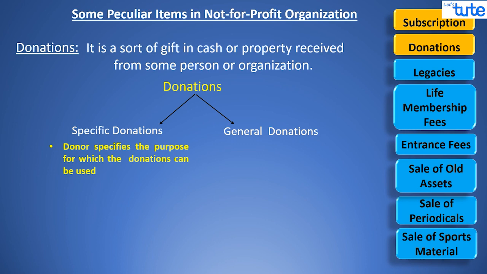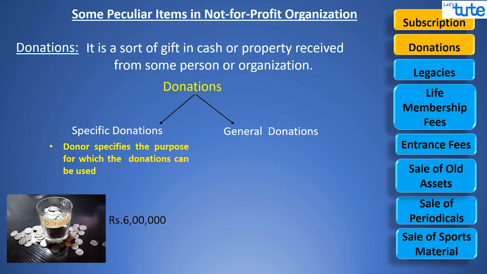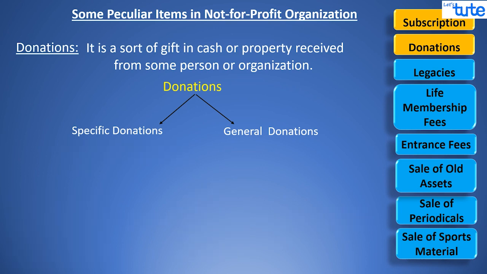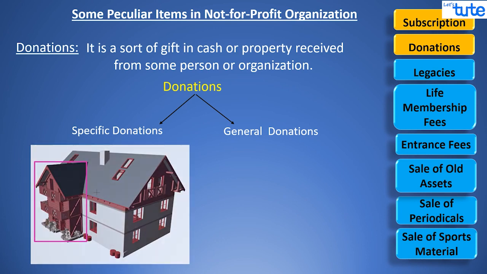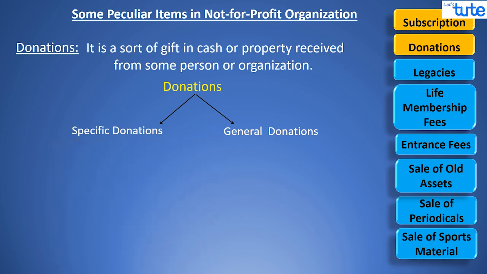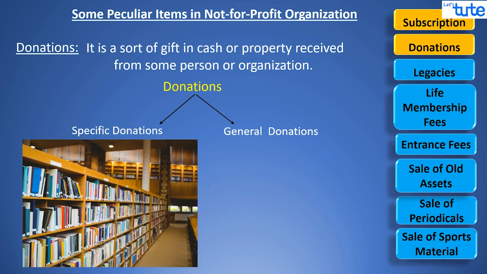For example, if a donor donates Rs 6 lakhs for a library, then it means the donation received can be used only for the library, and so it will be termed as specific donation. The specific purpose can be an extension of existing building, construction of new computer laboratory, creation of book bank, etc.